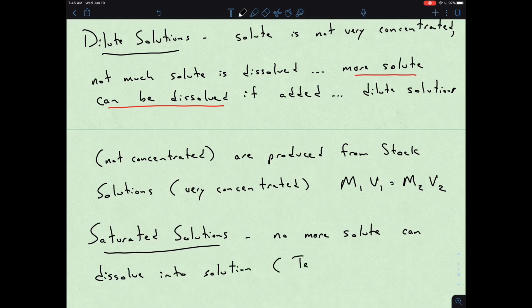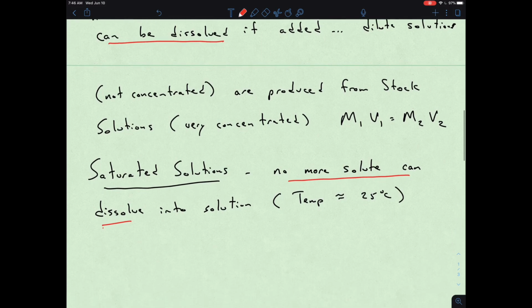And this is a temperature effect, but our temperature, we're usually around 25 degrees with this idea of saturated solutions. So no more solute can dissolve once you get to saturated solutions.